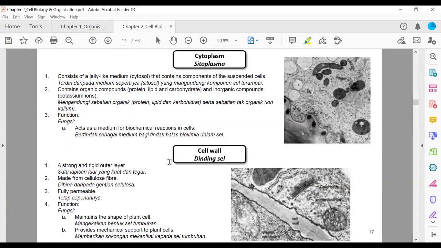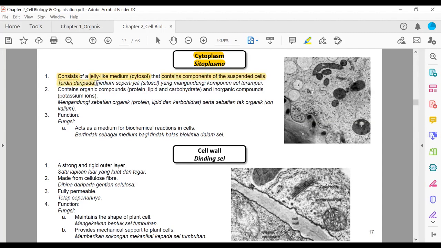Next, cytoplasm. Okay. Consists of a jelly-like medium yang dipanggil sebagai cytosol that contains components of the suspended cells.